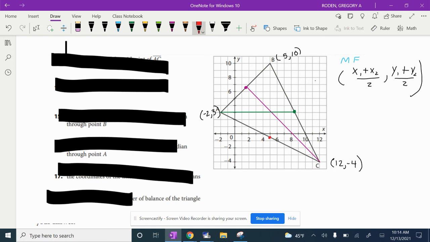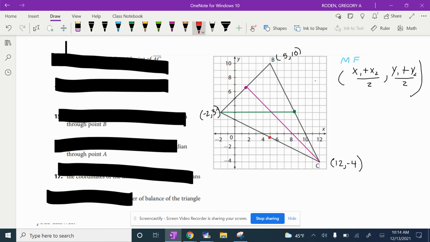The incenter is the point of intersection of the three angle bisectors. That's the incenter. Okay? The centroid is the point of intersection of the three medians.